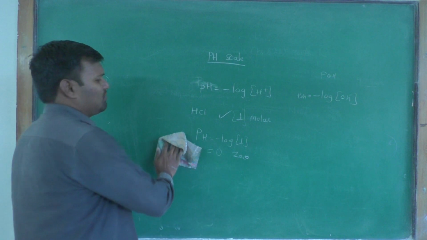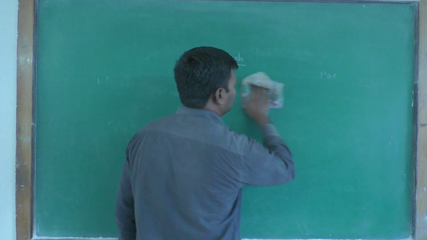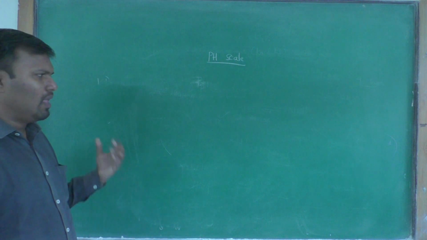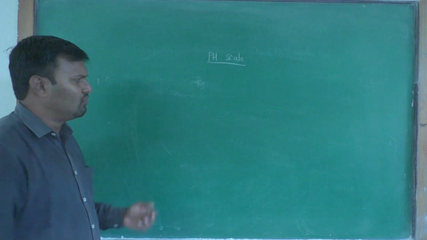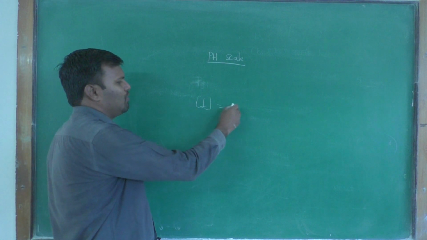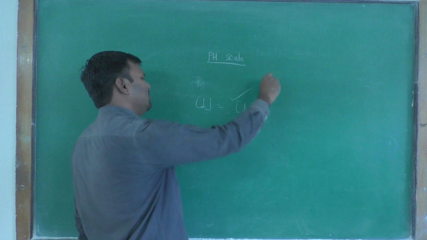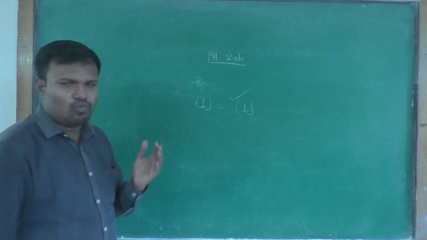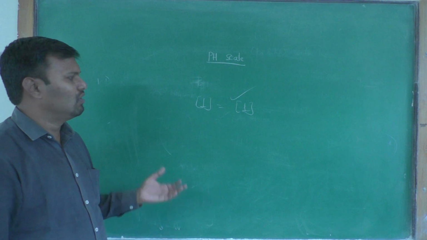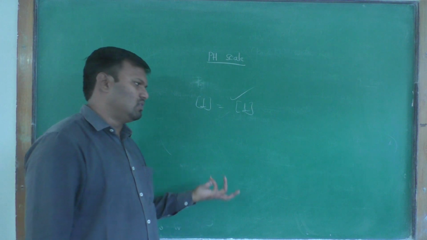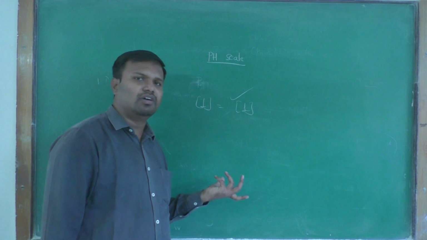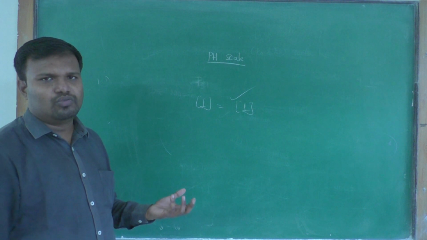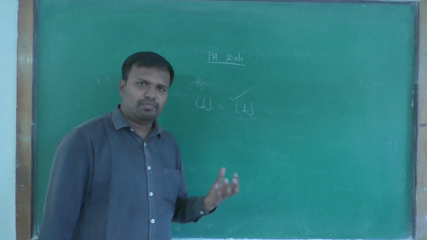HCl is a strong acid, and if you take 1 molar, all the H plus ions dissociate, so 1 molar HCl gives 1 molar H plus ions. When you put this in our equation, pH is equal to minus log to the base 10 of the molar concentration of H plus ions.